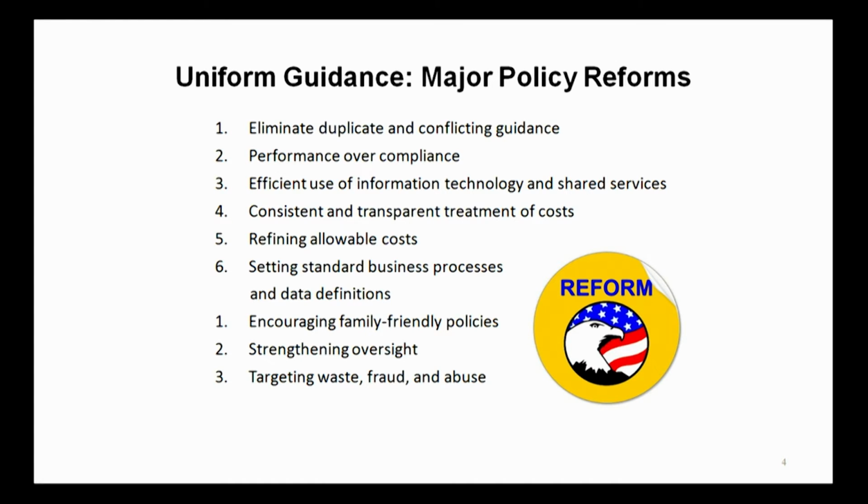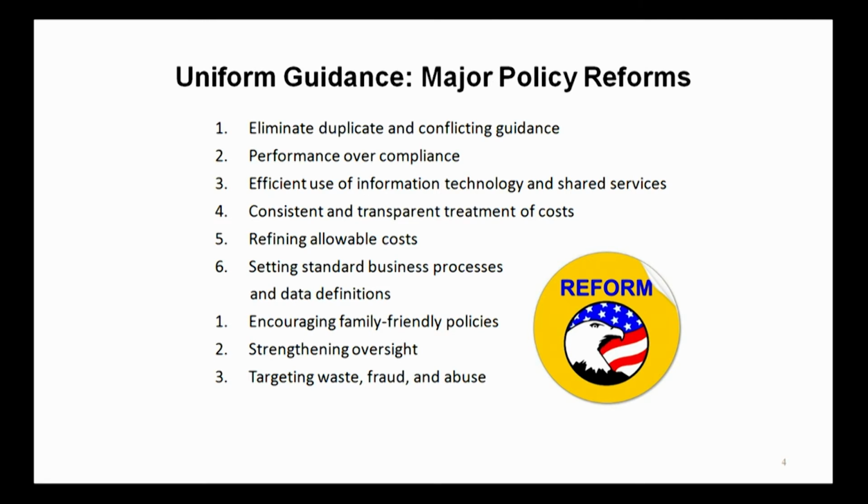It is 188 pages long, so there's a lot of material that requires you to become familiar and review the uniform guidance. It eliminates duplication and conflicting guidance between the different OMB circulars.